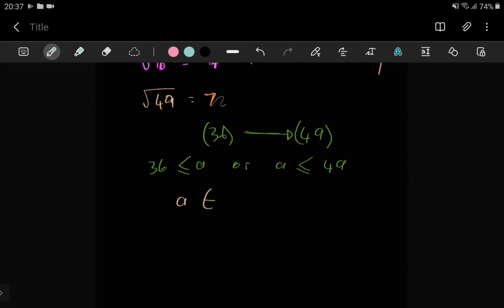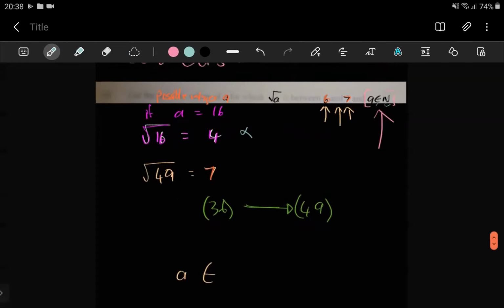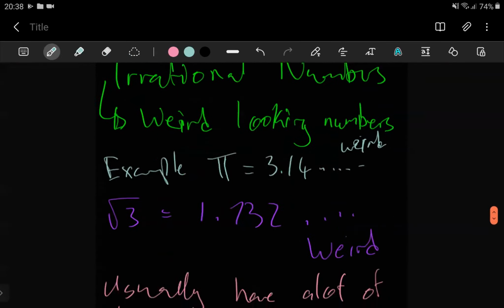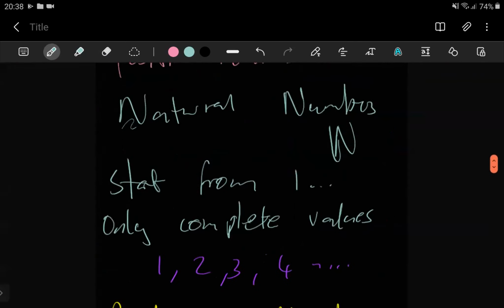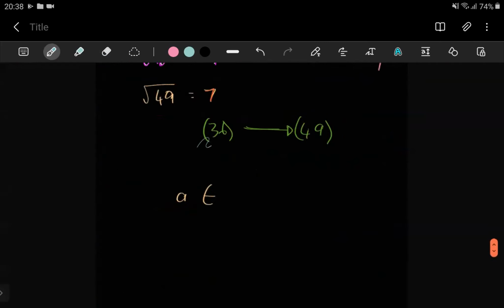So we have to disregard this. This is wrong. Anything between 36 and 49, that's a natural number. Remember we said natural numbers are just complete values, starting from one. So between 36 and 49, we just want complete values only.